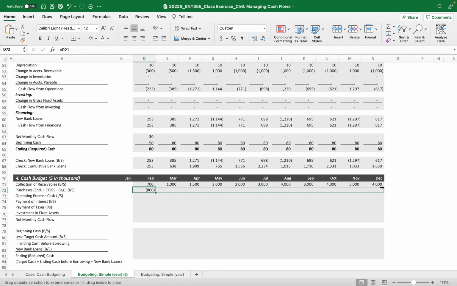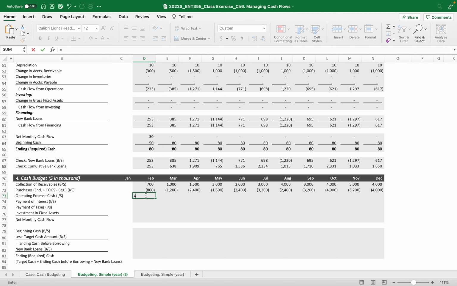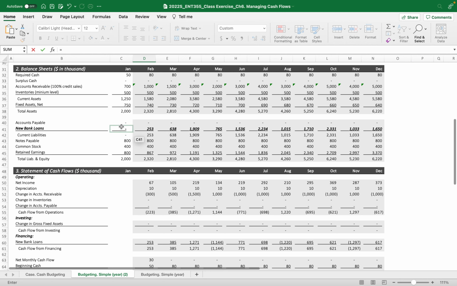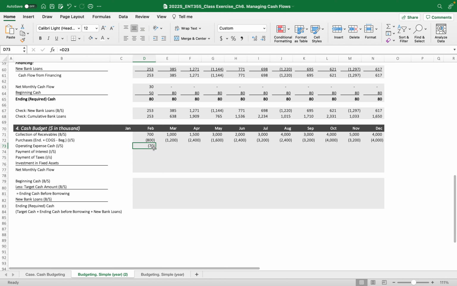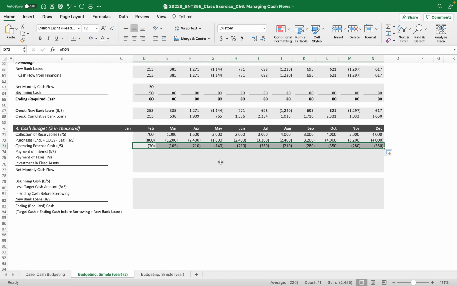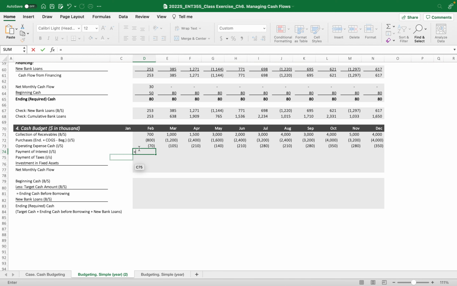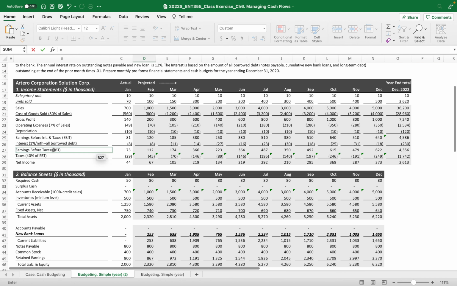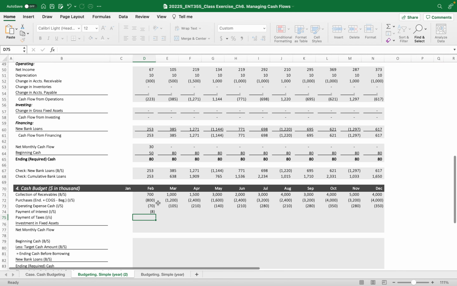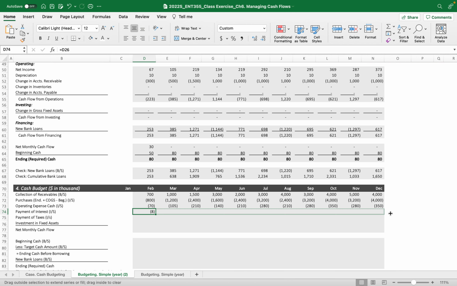And let's drag. And then the operating cash from the income statement. There we go, 70. And let's drag. So we collected all the operating expenses and the payment of interest from the income statement. There we go. Let's drag.